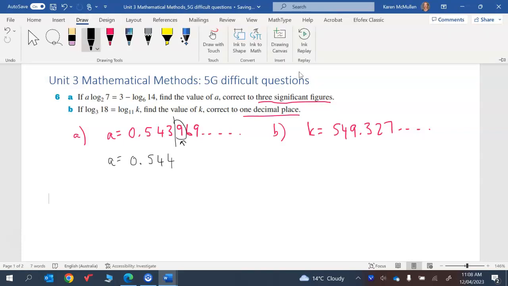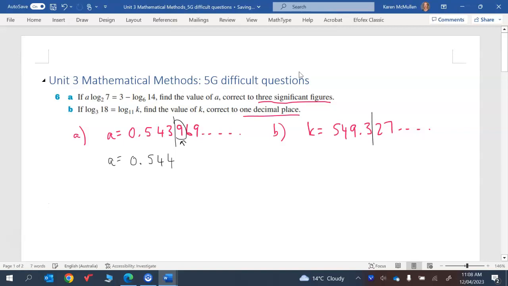This one, we're only rounding to 1 decimal place, so I do my cut there. This is my deciding number. So K is equal to 549, and then the 3 stays as a 3 because that 2 means we round down. So we're rounding down effectively to 30, but we don't write the 0 there.